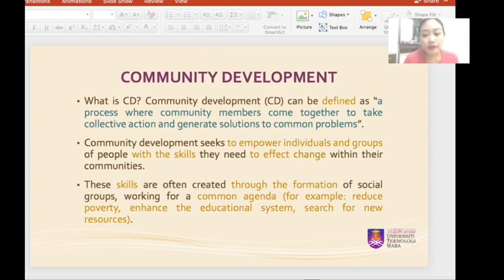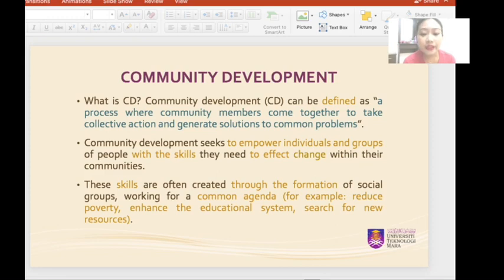Community development can be defined as a process where community members come together to take collective action and generate solutions to common problems. Community development seeks to empower individuals and groups of people with the skills they need to effect change within their communities.